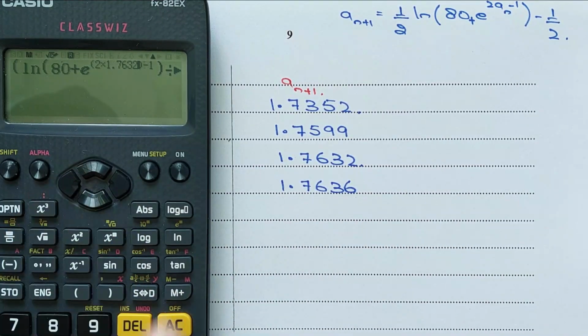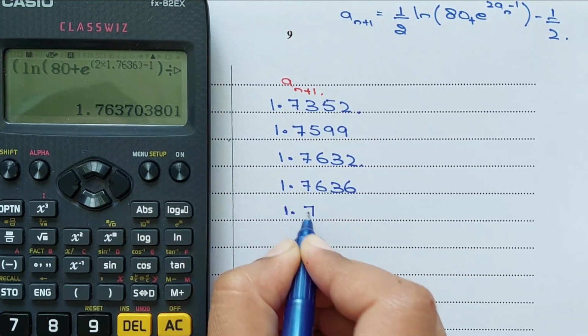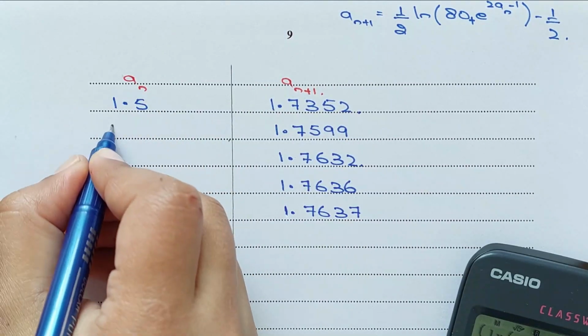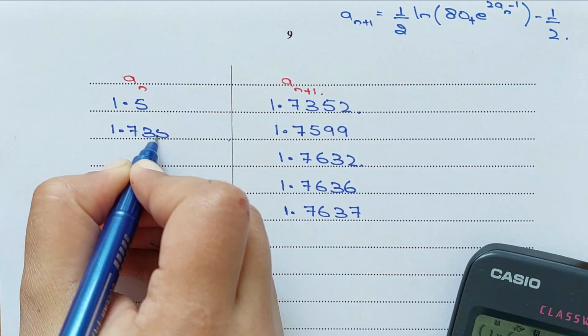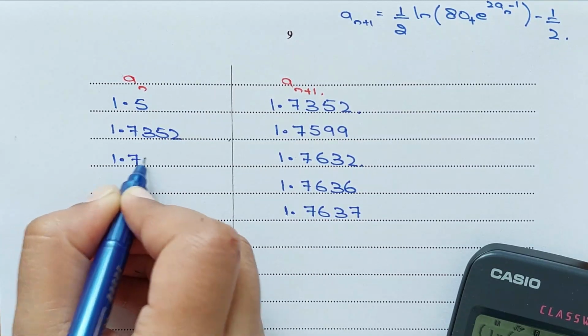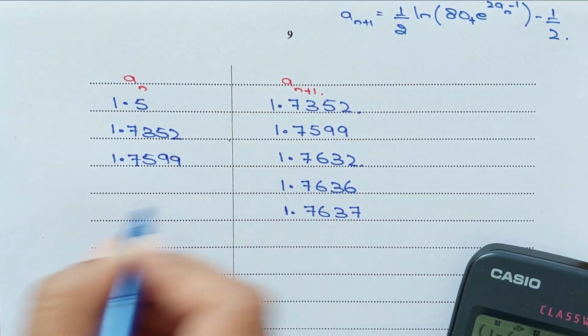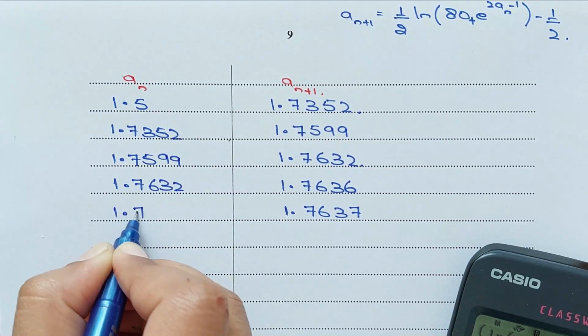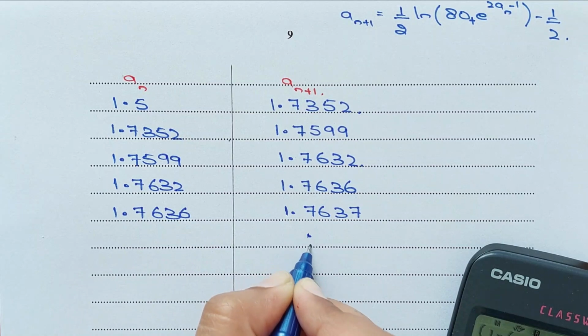The next is 1.7637. Okay, so this is at 1.7352, 1.7599. The value is this, 1.7632, 1.7636, and so on.